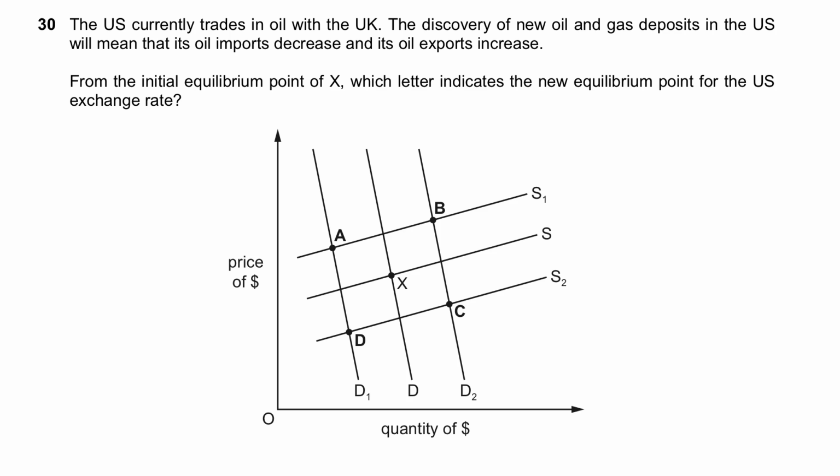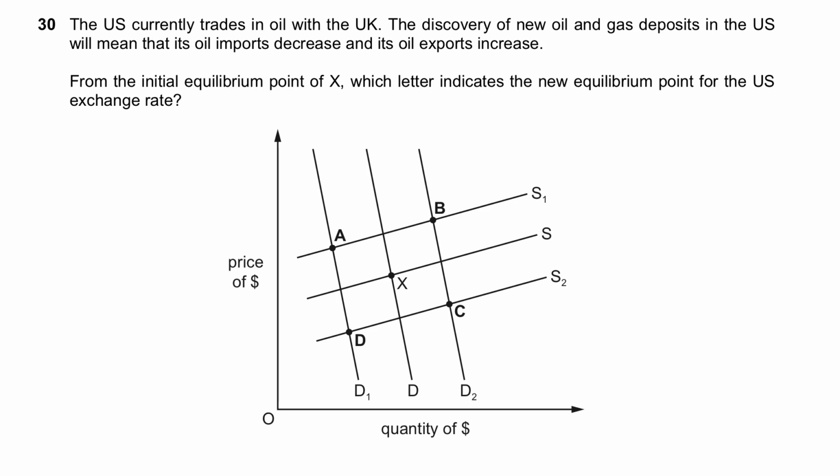Question 30 says the US currently trades in oil with the UK. The discovery of new oil and gas deposits in the US will mean that its imports decrease and its oil exports increase. From the initial equilibrium at point X, which letter indicates the new equilibrium point for the US exchange rate?